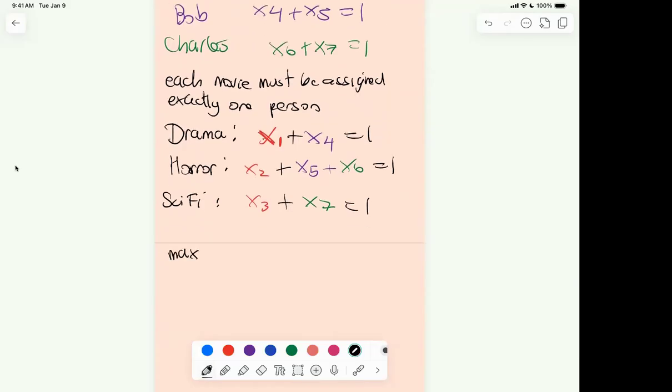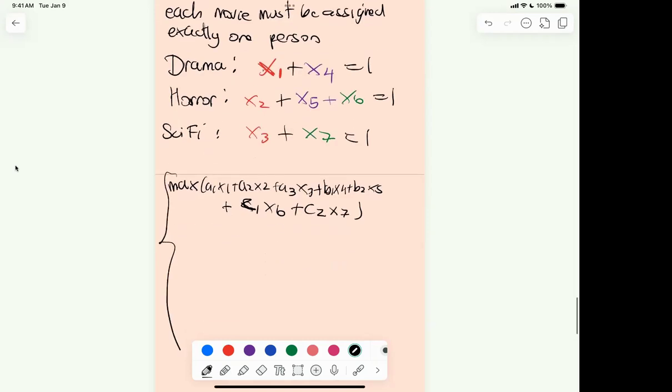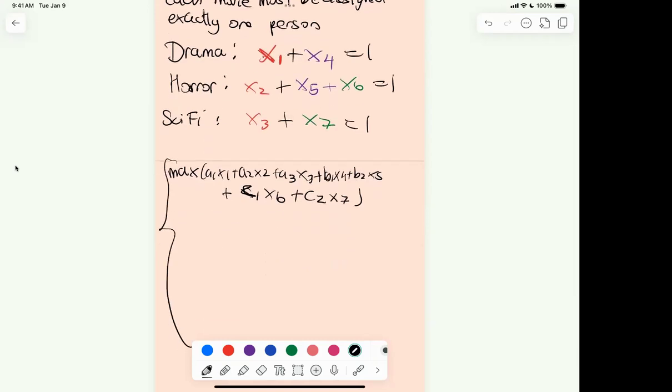What you're trying to find is the max of a1 x1 plus a2 x2 plus a3 x3 plus b1 x4 plus b2 x5 plus c1 x6 plus c2 x7, subject to these constraints, which I'll write without the colors just to go faster.